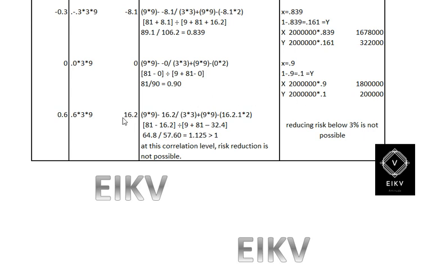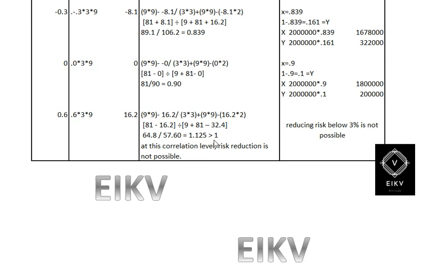Going further, if the correlation coefficient is 0.6, then the covariance of XY would be 0.6 into 3 into 9, which is 16.2. The formula gives 9 into 9 minus 16.2, divided by 3 into 3 plus 9 into 9 minus 16.2 into 2, which gives the final answer as 1.125.